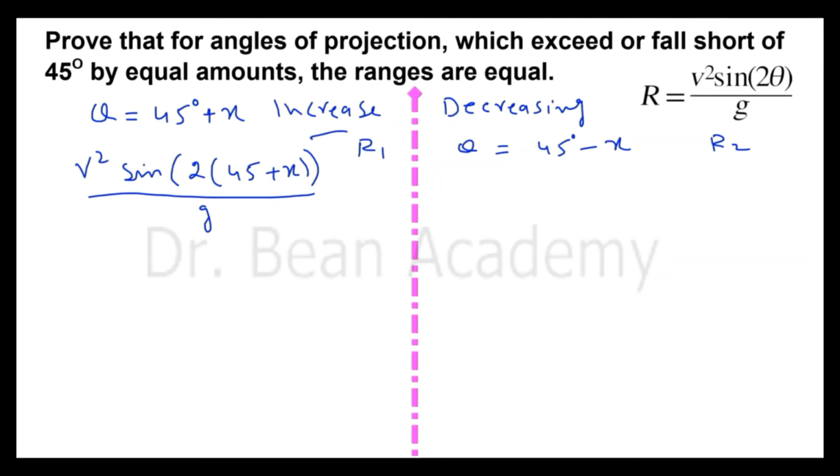Similarly, on the right section, which is for the decreasing angle, I will write v squared sine of 2 into, I am replacing theta with 45 minus x, divided by g. So we will just keep going this way to see if they become equal at the very end. If they become equal, we will prove that for angles of projection which exceed or fall short of 45 degrees, the ranges are equal.